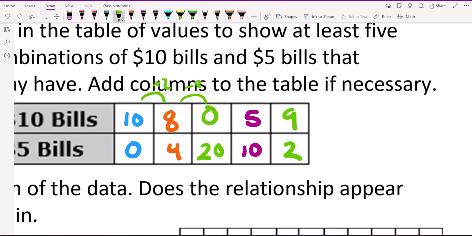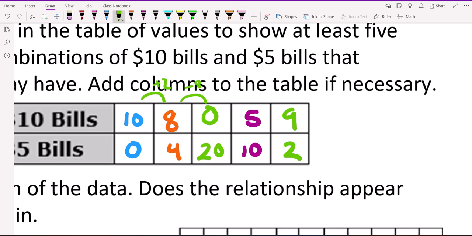We can only make that judgment call if something's linear or not linear if one of them is at least consistent. If one of them is varying constantly and the other one's changing quite a bit, then you say it's definitely not linear. If both of them are changing, you can't make that judgment call just from the data. So we're going to graph it and have a look, right?